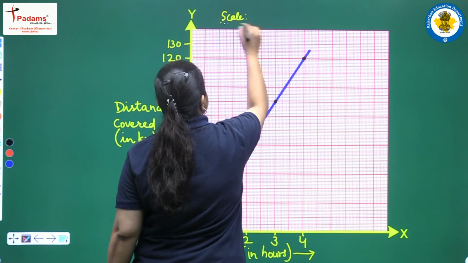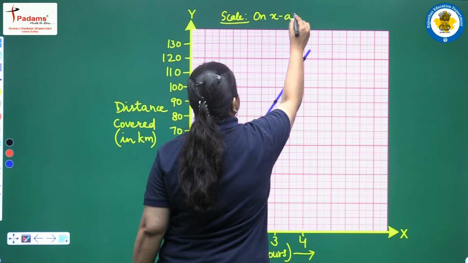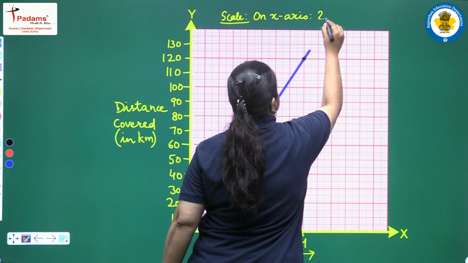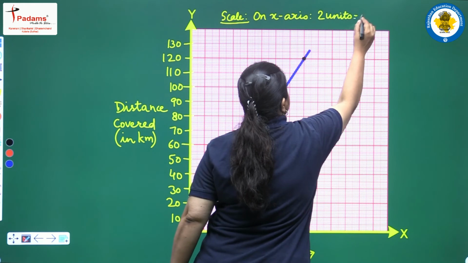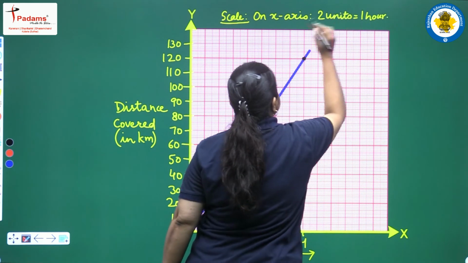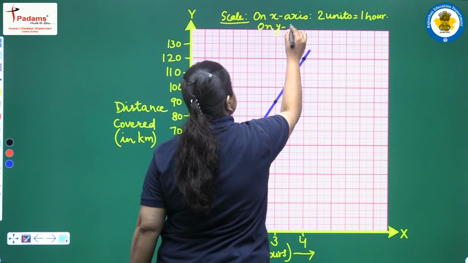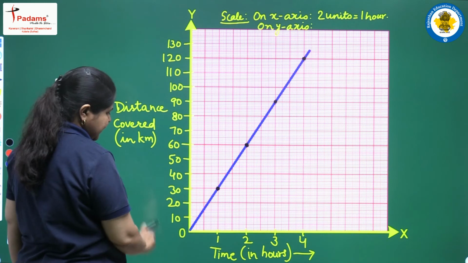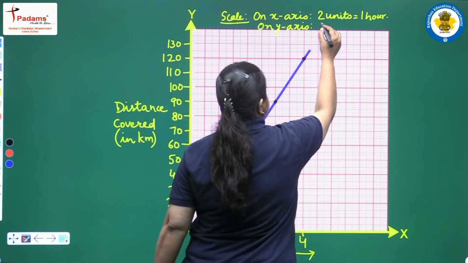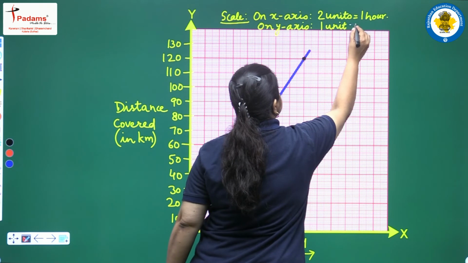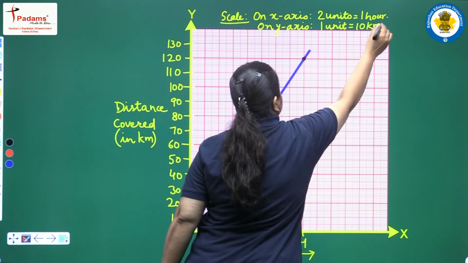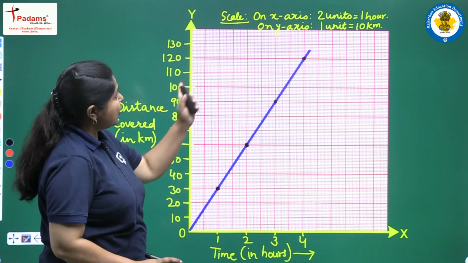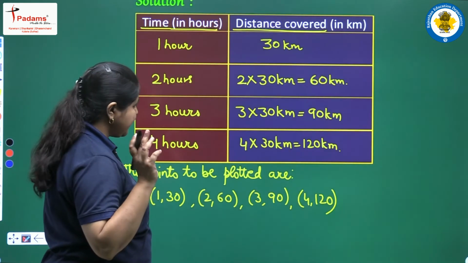The scale that we have chosen on x axis, what have we taken? 2 units equal to 1 hour, and also on y axis we have taken 1 unit equal to 10 kilometers. See, these kilometers are being represented, and so 1 unit is equal to 10 kilometers. Okay, I hope the question is complete. We have mentioned x axis and y axis, and written the scale here in this way as well. Now let us move to those questions.